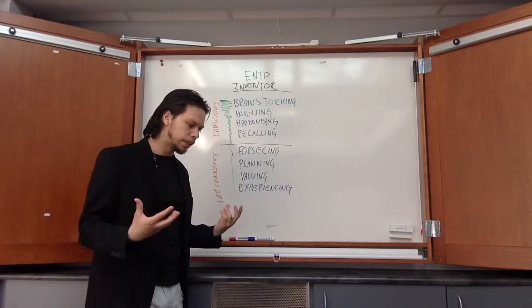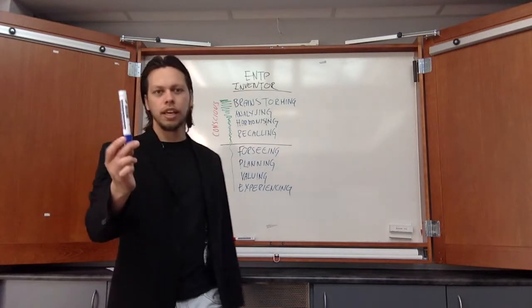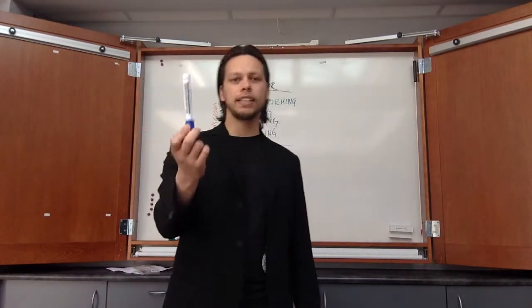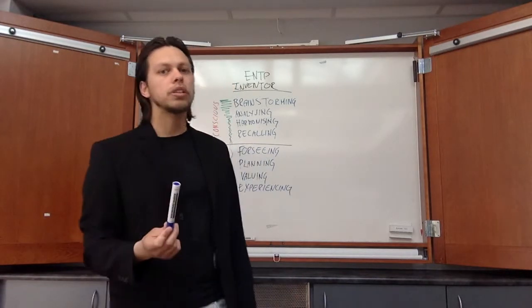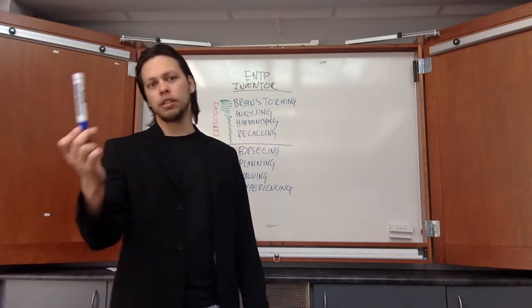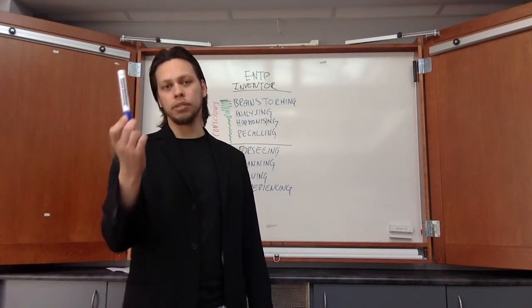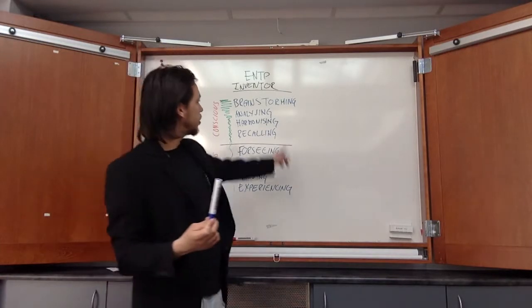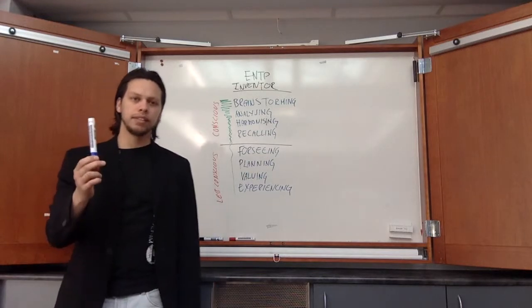When they see something, let's say they take an object, like this pen, they can come up with many ideas to use this object. They brainstorm ideas. But what happens when they take in information and brainstorm ideas? They then use analyzing to make a decision.